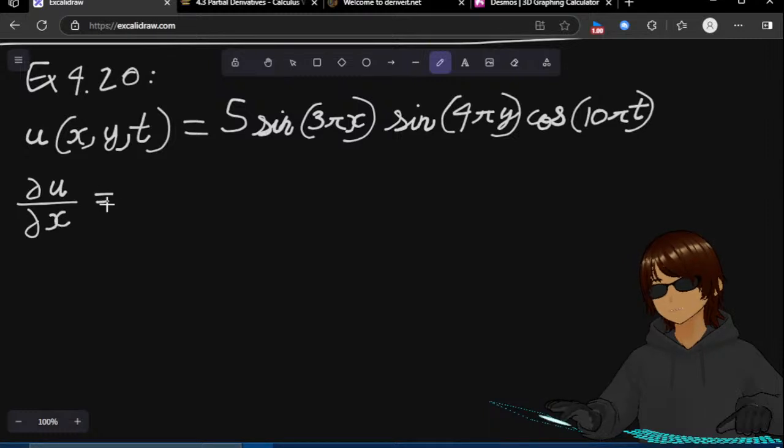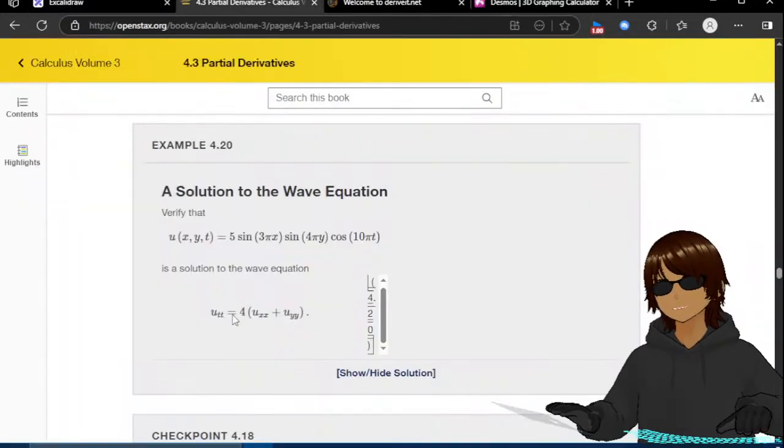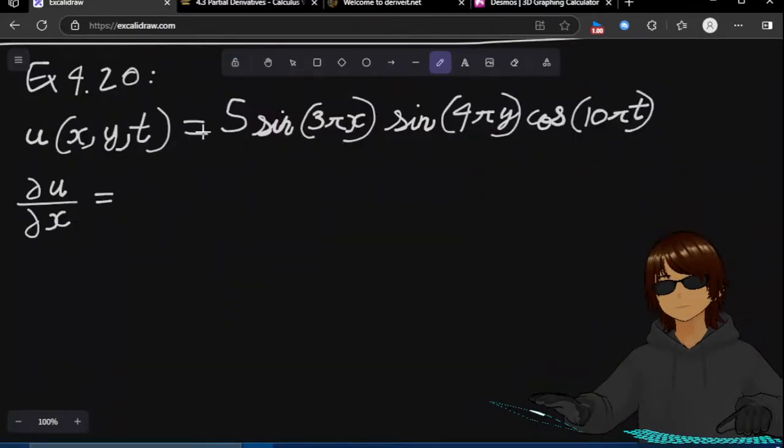So this with respect to x. So what are we doing? There's no x here, there's only x. So all this would be treated as constant, right?